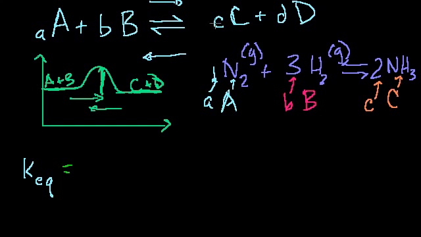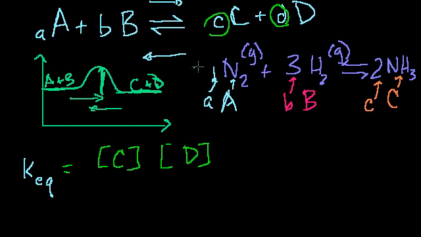It goes in both directions, but let's say that this is the forward direction, going from A plus B to C plus D. So you take the concentration of each of the products, and you multiply them by each other, and you raise them to the mole ratios. So in this case, it would be the concentration of big C raised to the lowercase c power, and the concentration of big D raised to the lowercase d power.